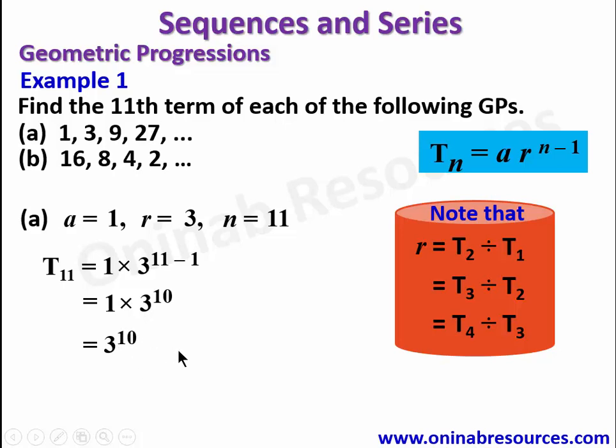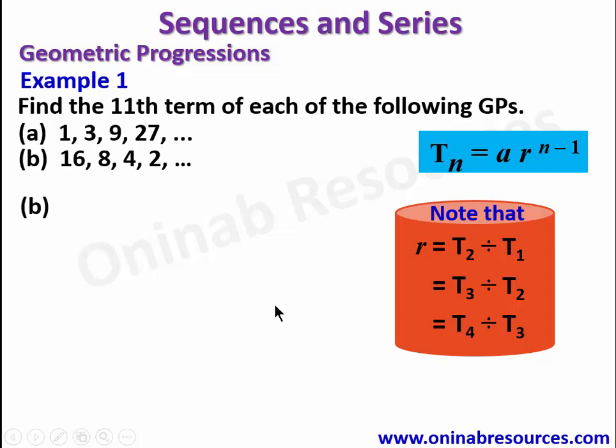This is in index form. If you are to give your answer in ordinary form, you have it as 59,049, which represents the 11th term of the geometric progression in example 1a.